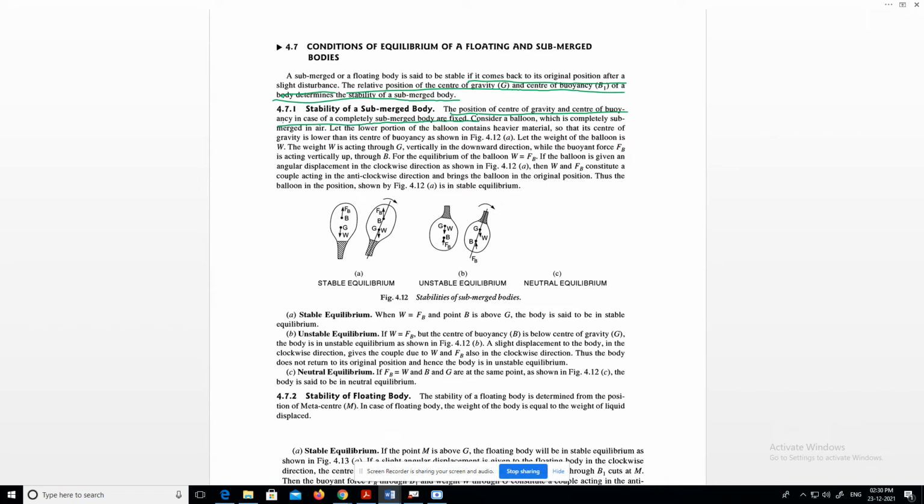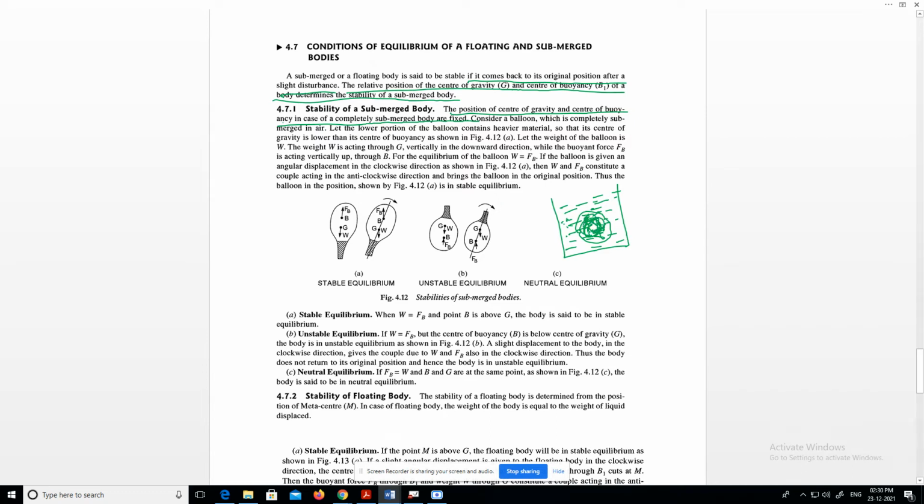If the body is completely submerged, for example, this is the container. It contains a full amount of liquid, right? One body is completely immersed, like this.